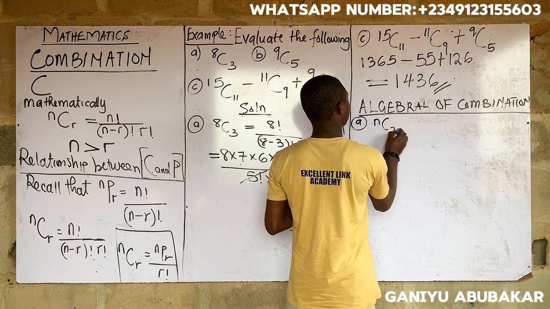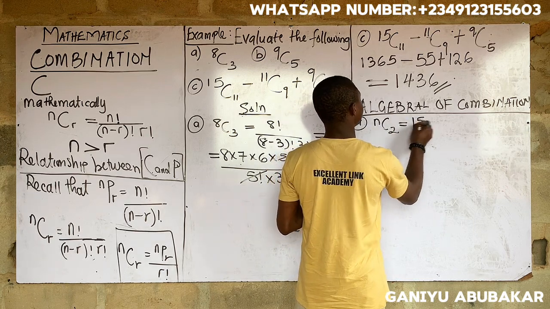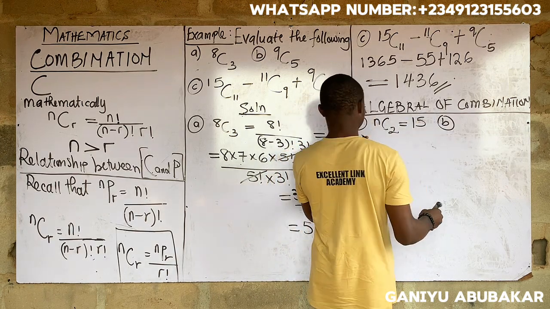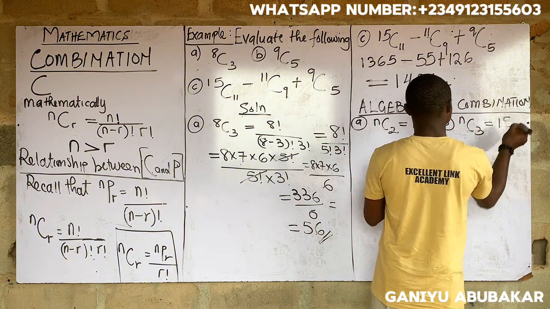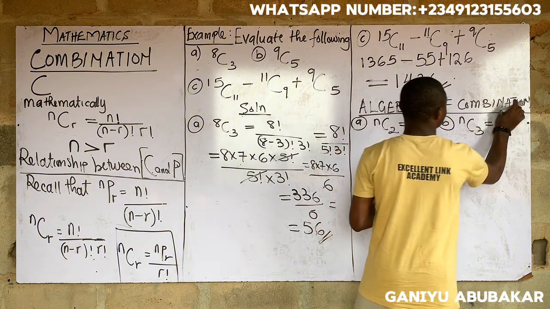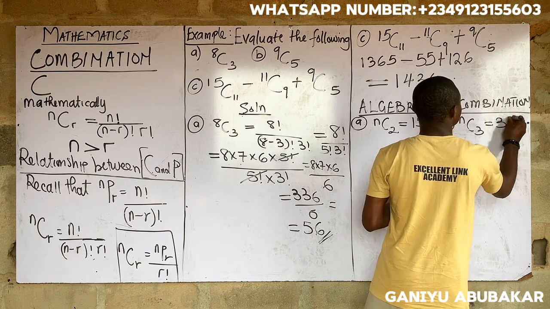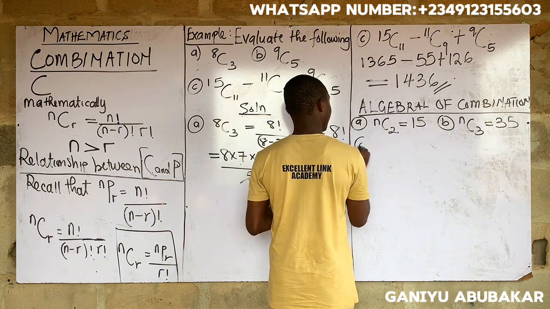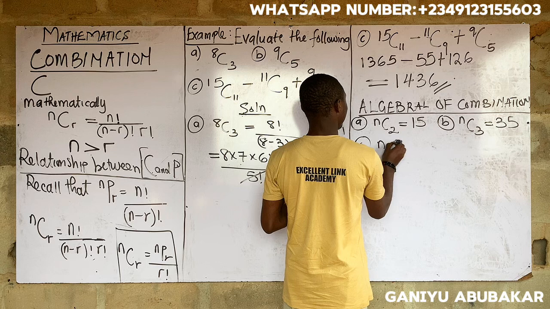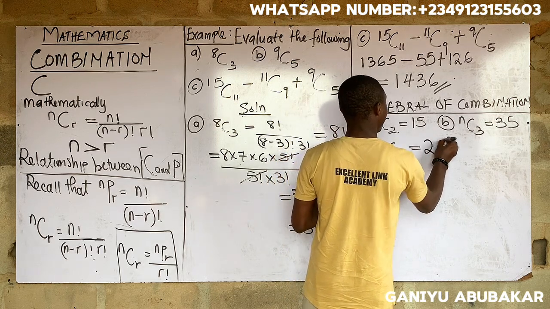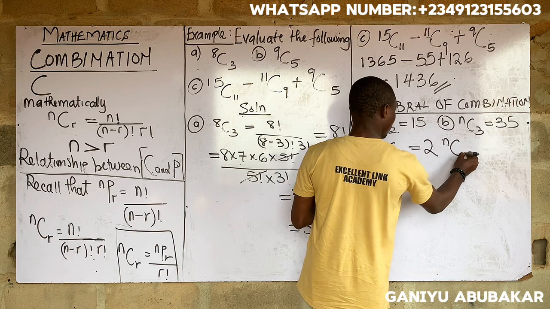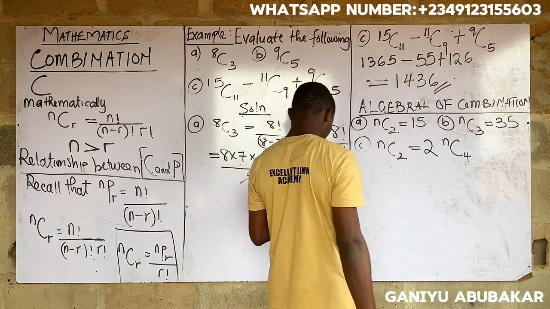A, n combination 2 equal to 15. B, I have n combination 3 equal to, sorry, 35. C, I have n combination 2 equal to 2n combination 4, right?